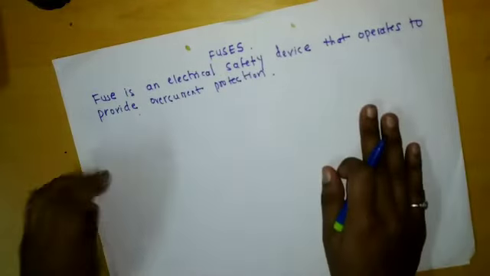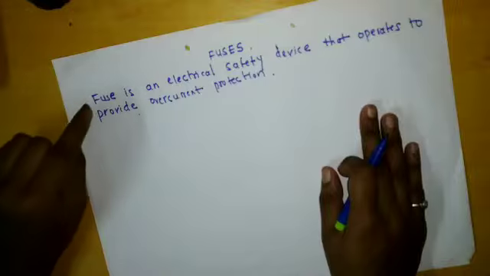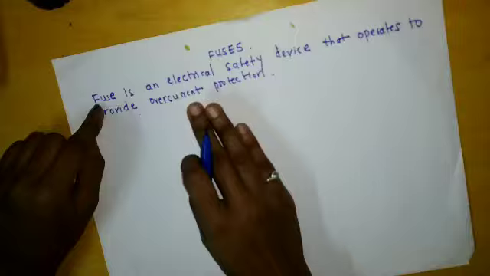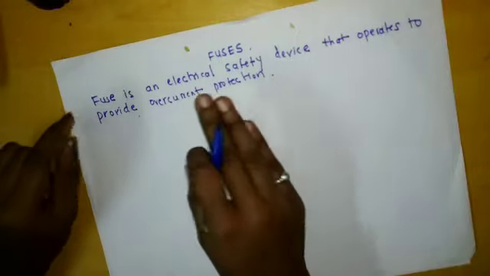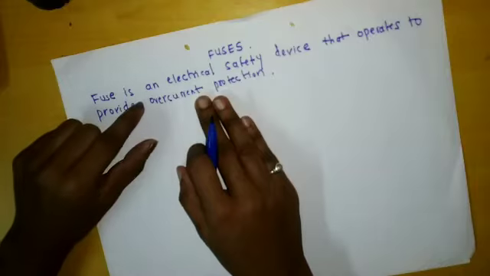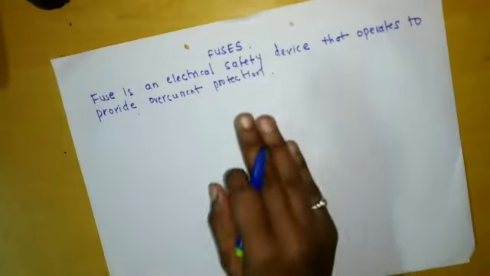This means fuse is used to provide protection from overcurrent in our circuit. So this is used to provide protection from overcurrent in our circuit.